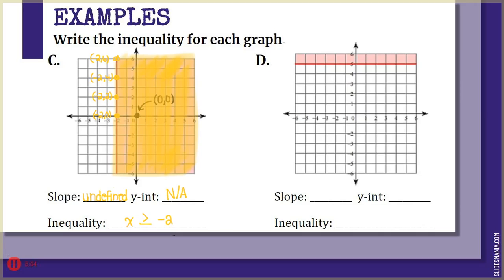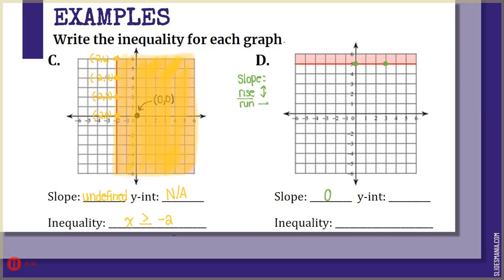Then if we look at D, letter D is a flat horizontal line. And so if we recall, a flat horizontal line has a slope of 0. If you forget, you can always choose 2 points. You can ask yourself for your slope, what is my rise? Do I have to go up or down to get to my next ordered pair?